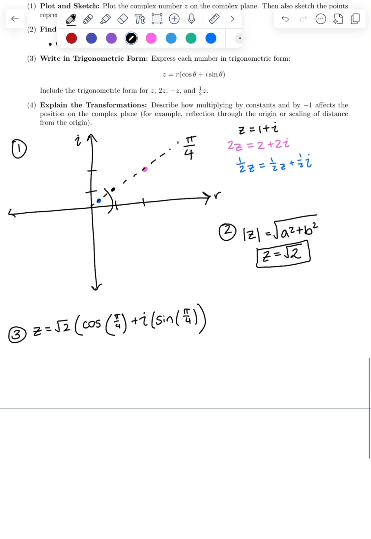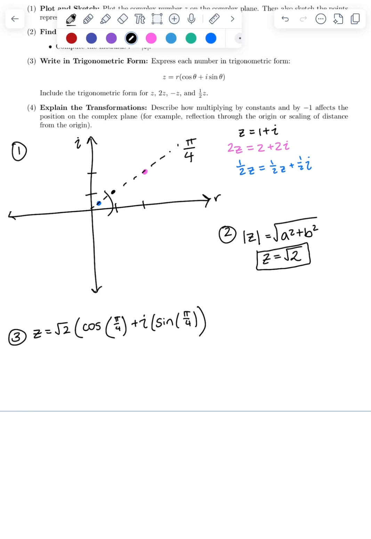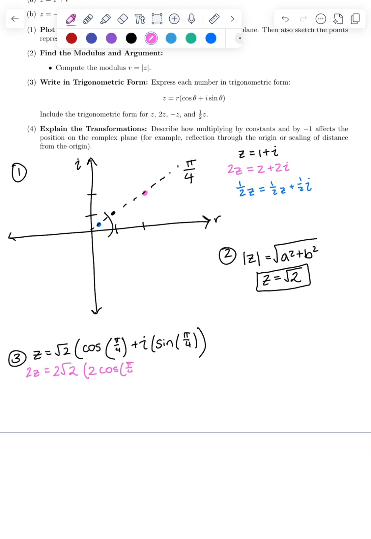And then we also have 2 times z, so multiply all that by 2. Then 1/2 z is dividing everything by 2 or multiplying it by 1/2.